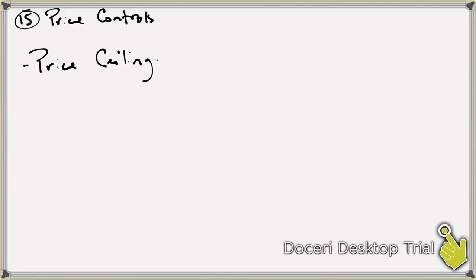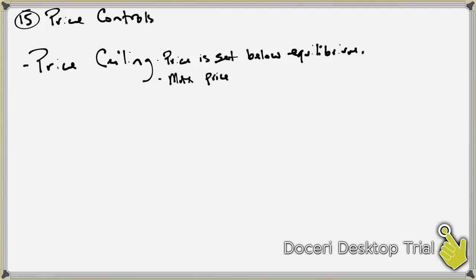The government steps in and they push the price below the equilibrium price. So our government is not going to allow the price to reach the equilibrium price in a market. Okay? And we should probably add to this that a price ceiling is really a max price that can be charged.